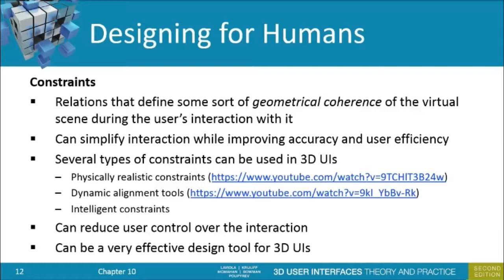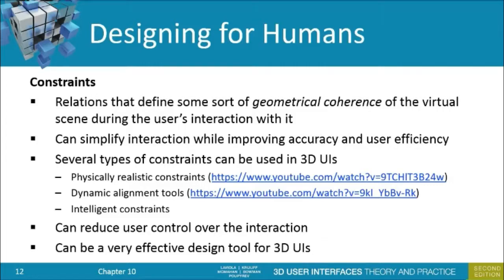Constraints is the relations that define some sort of geometrical coherence. Coherence here means the connection of the virtual scene during the user's interaction with it, which means while the user is moving, how does the object interact, or what are the objects in the environment that interact with the user.